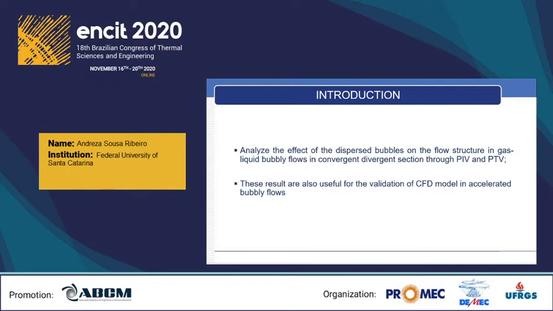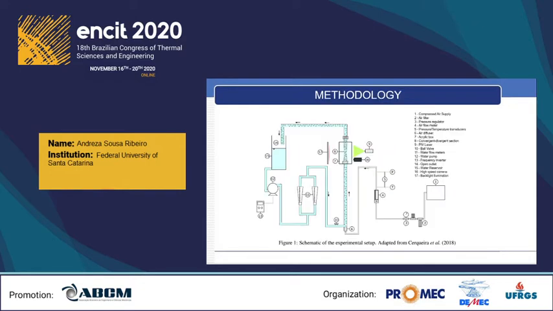Hence, the objective of the present work is to analyze the effect of the dispersed bubbles on the flow structure in liquid-gas bubble flows in a convergent-divergent section. These results are useful for validation of CFD models in accelerated bubble flows.